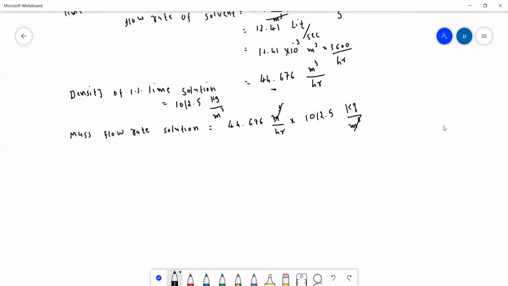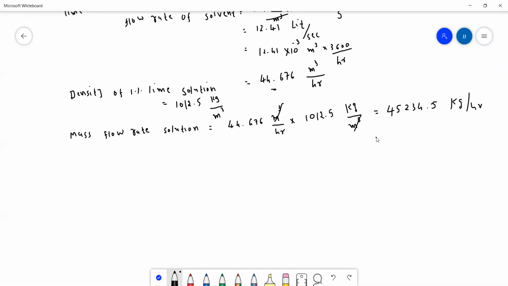Right. So if you calculate this, you will get 44.676 multiplied by 1012.5, you will get 45,234.5 kg per hour.